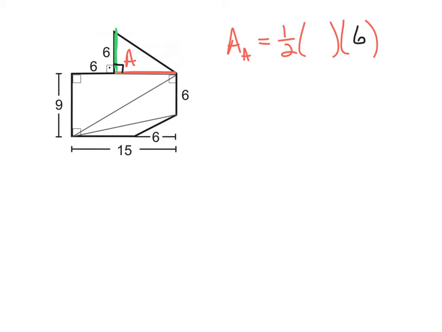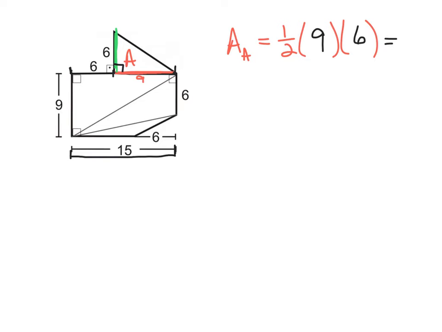We just need to figure out what our base is. I know that from here all the way across to here is 15. But this is not the whole thing, it only goes this much of it. So I'm going to take 15 and subtract 6, and I get 9. So my base is 9.